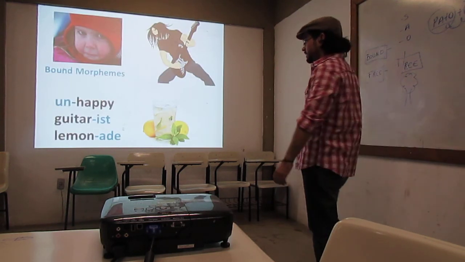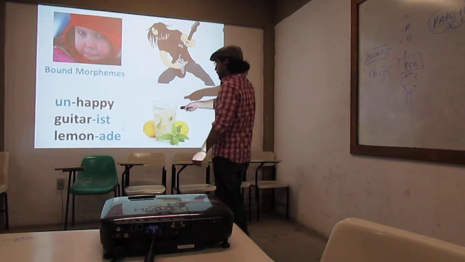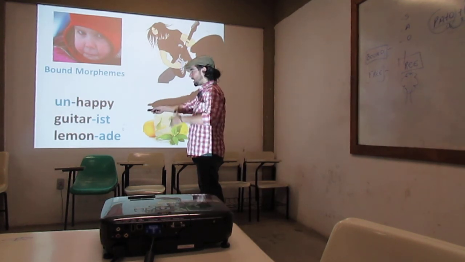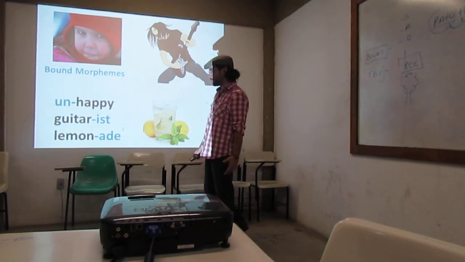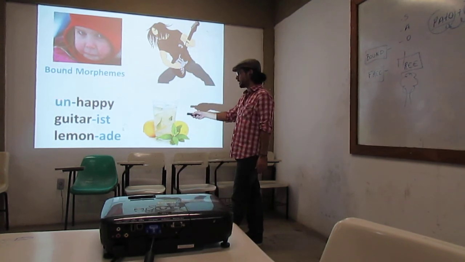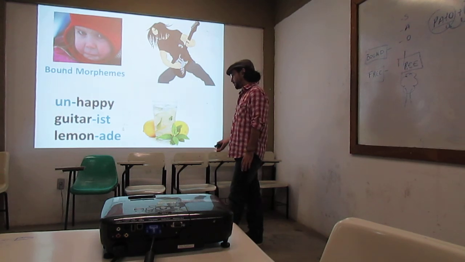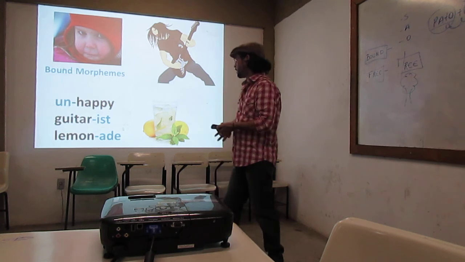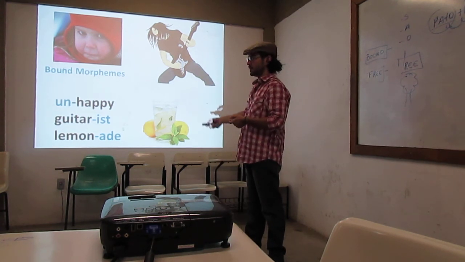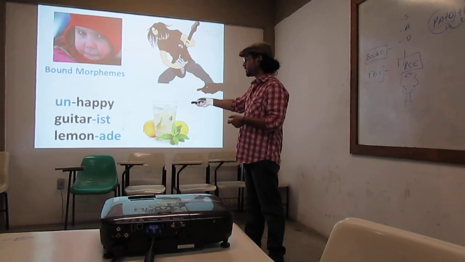Here we have examples of free morphemes that we can understand directly, happy, guitar, lemon, and bound morphemes, morfemas presos, né? That we can understand only when we put together another morpheme. Like unhappy, feliz, infeliz.